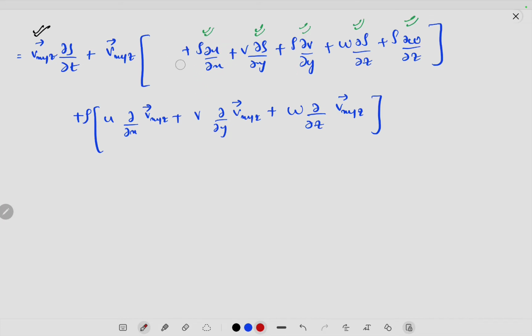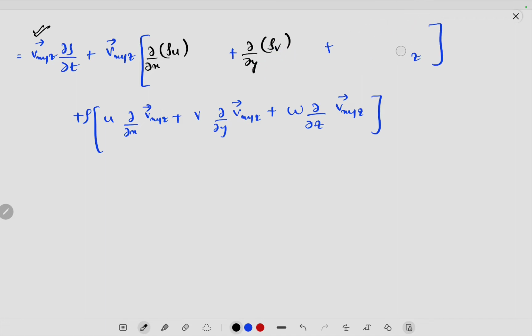That is nothing but del by del x of rho u. Similarly I can write this as del by del y of rho v, and this as del by del z of rho w.